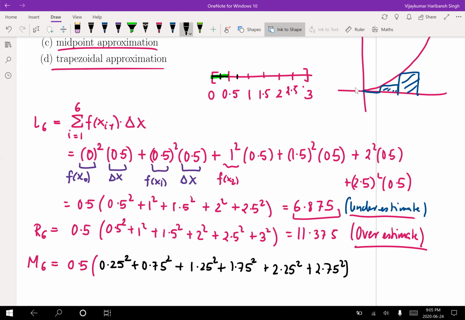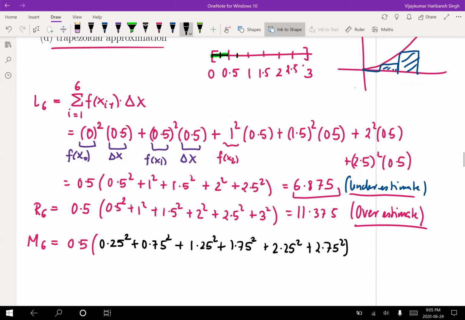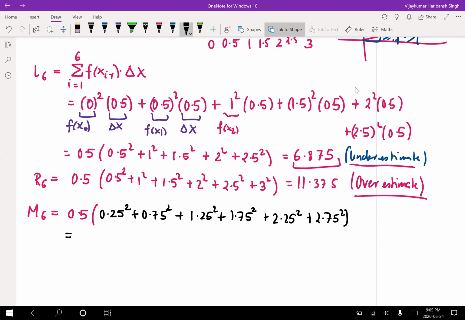I'm going to use my calculator here. The area turns out to be 8.39375. So again, this is an underestimate.